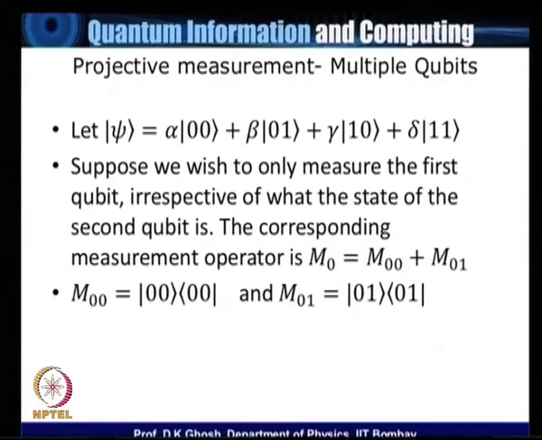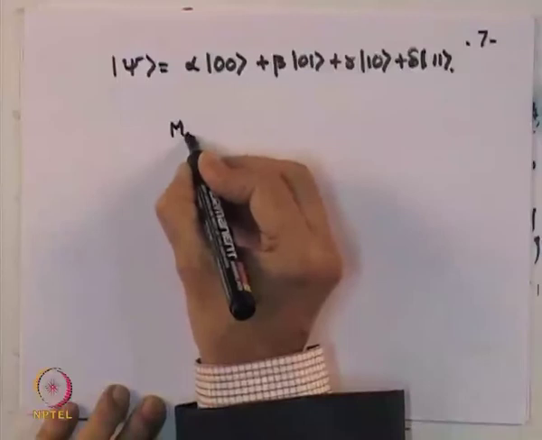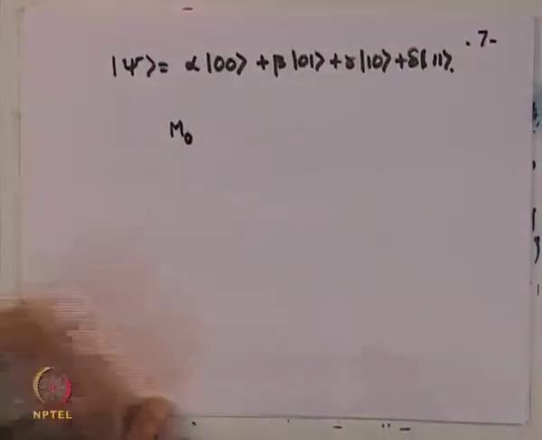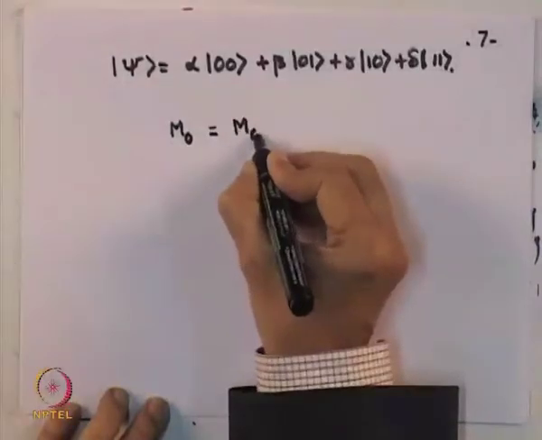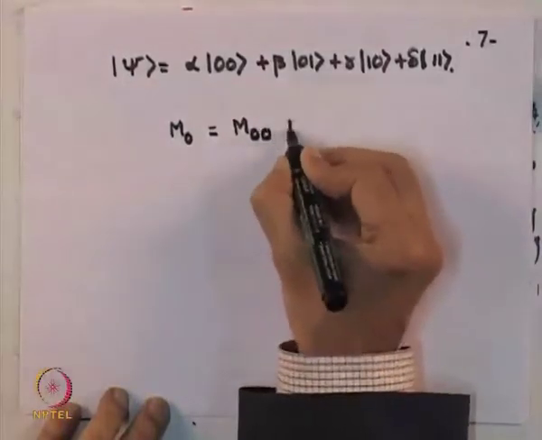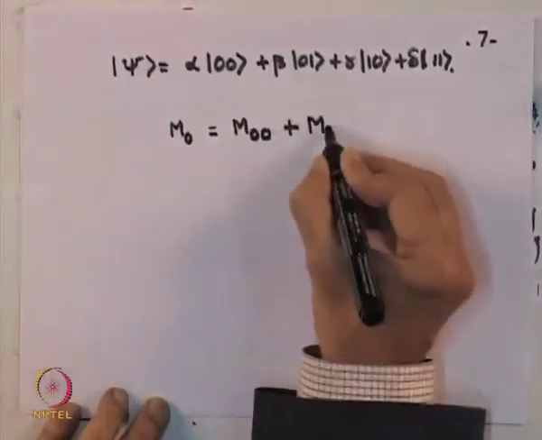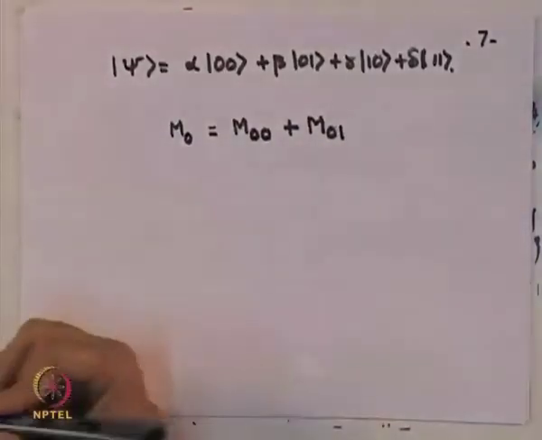Now my measurement operator corresponding to the first qubit being 0 is given by the measurement operator where the first qubit is 0 and the second qubit is 0, plus the measurement operator where the first qubit is 0 but the second qubit is 1.